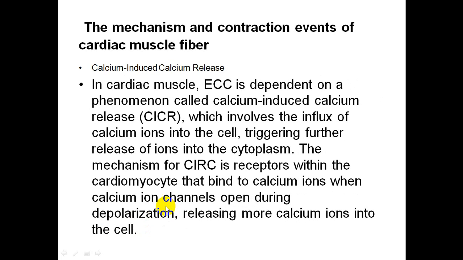In cardiac muscle, excitation-contraction coupling depends on calcium-induced calcium release, which involves an influx of calcium ions into the cell from outside, triggering further release of calcium into the cytoplasm from the sarcoplasmic reticulum. The mechanism is a receptor within the cardiomyocyte that binds calcium ions when calcium channels are open during depolarization, releasing more calcium into the cell.